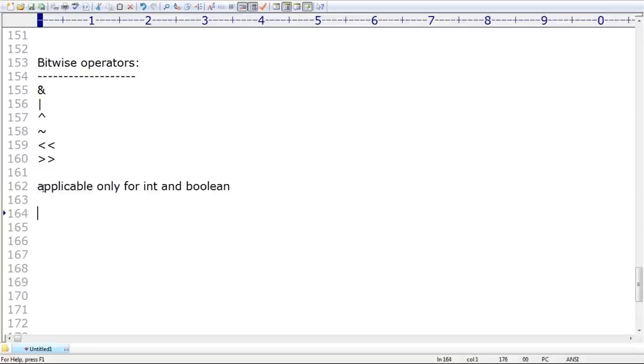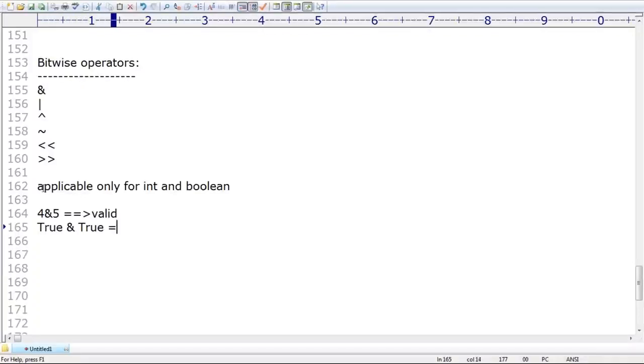If I take 4 and 5, forget about the answer, I don't want to talk about the answer. Can you tell me whether it is valid or not? Yes, because you can apply it for the int type, no problem at all. Valid. Next, I'm taking true and true.